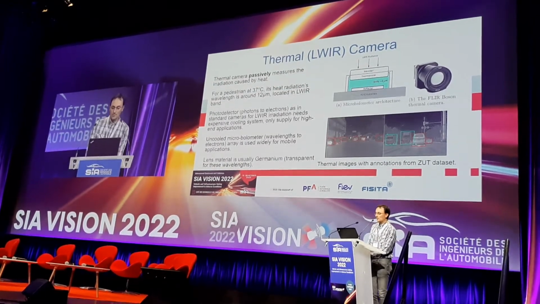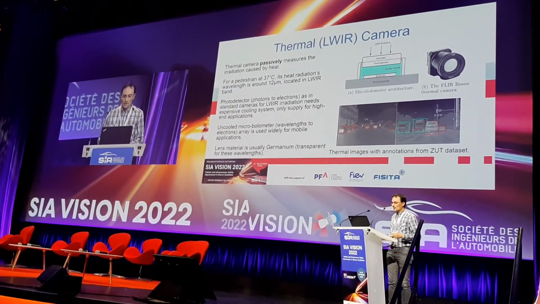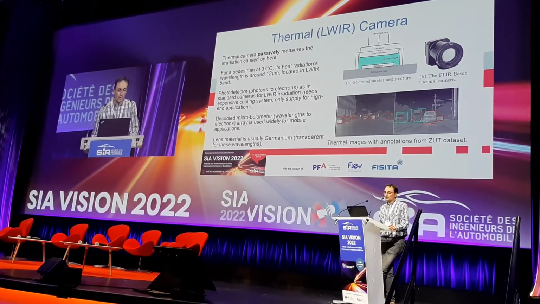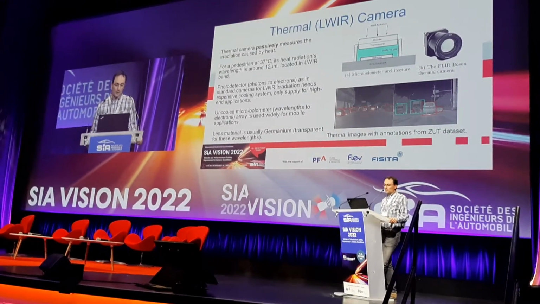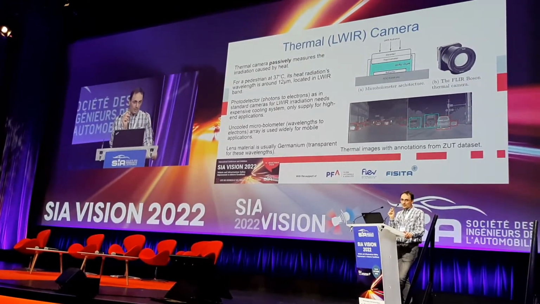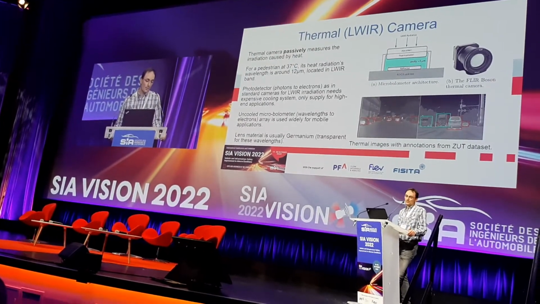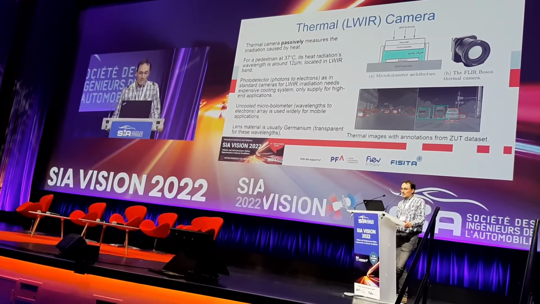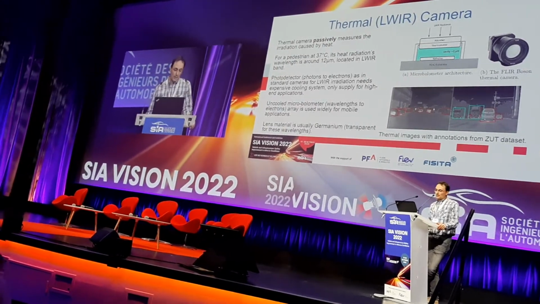In fact, a thermal camera is based on long wavelength infrared. So the thermal camera will measure the heat of the bodies. Here you have the example of the pedestrian that gives a specific radiation at 12 micrometers, which is located in the long wavelength infrared band. So you have two different technologies of thermal cameras.